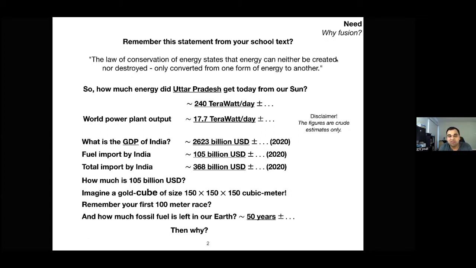Okay. So this is just a cheap and quick overview of why we need fusion, because you know that we need to spend a lot of money on buying the fuel, importing the fuel from other countries for our energy. So basically, we need to be energy independent as soon as possible, to save our expenditure on energy, because anyway fossil fuels are running out.